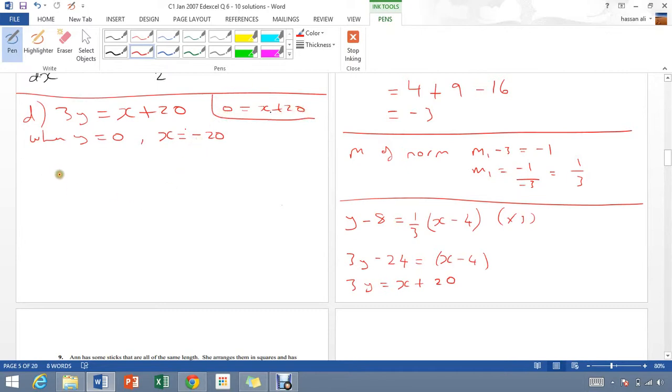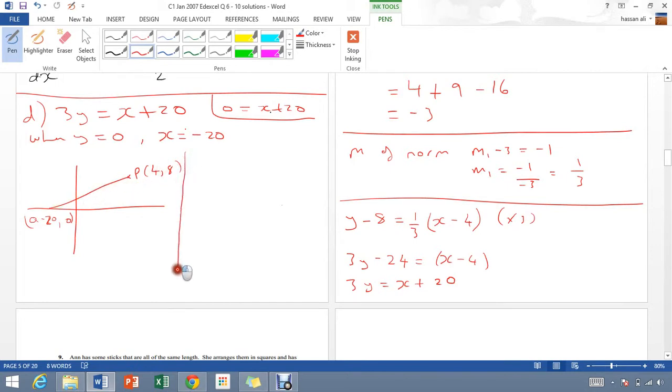So if we just draw this out, so you have a rough idea of what you're looking for, it's not to scale. You'll probably have a line like this. Let's say that's your point Q, minus 20 and 0. And this is your point P at 4 and 8. So we have to find this length over here.